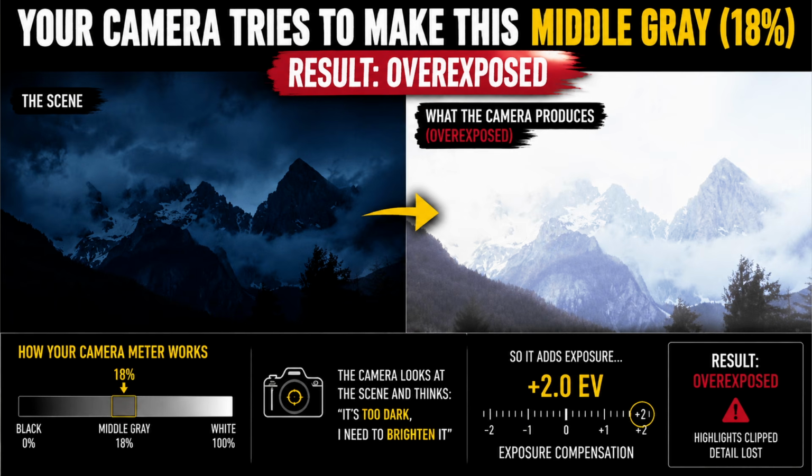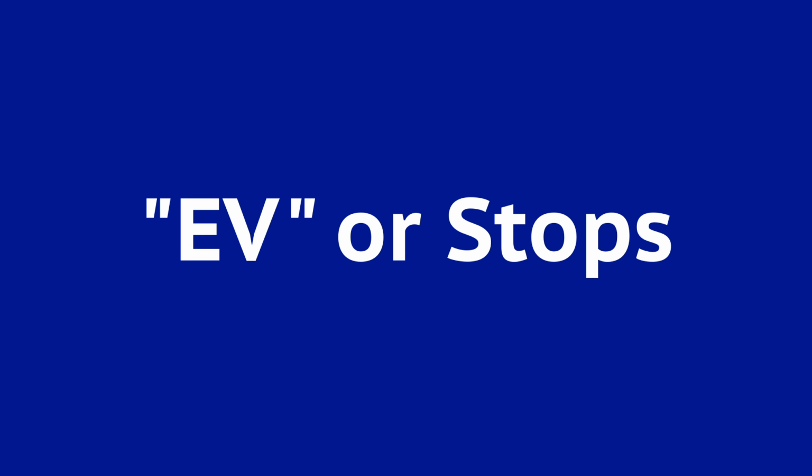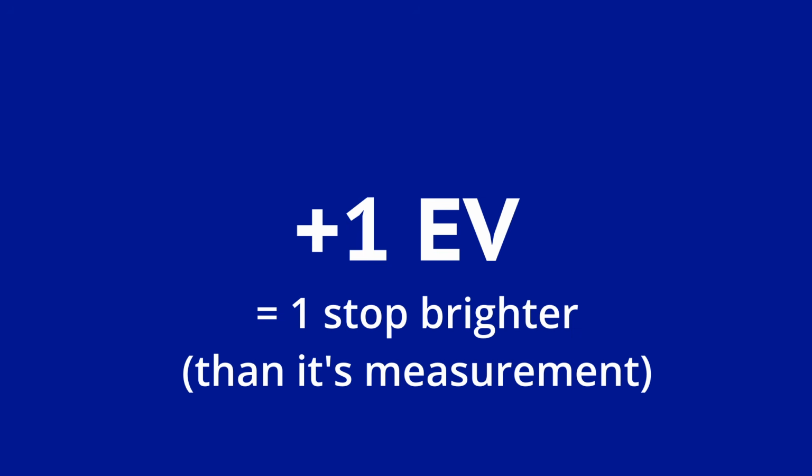Exposure compensation tells the camera to go brighter or darker than its recommendation by a specific amount, measured in EV or stops. But what does that mean in practice? If you dial in +1 EV, you're telling the camera to make the final image 1 stop brighter than the meter's reading. If you choose -1 EV, it should be 1 stop darker.